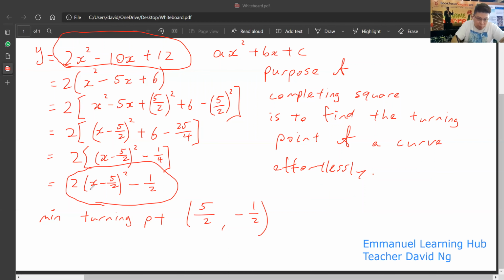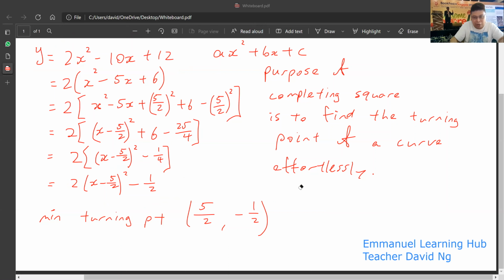If I expand this part and simplify, I'll get back this. So why do you need to go through this process to get this? The purpose is so that I can look at this equation and effortlessly know where the turning point is. Okay, that's the purpose.